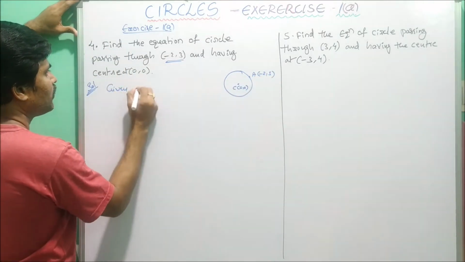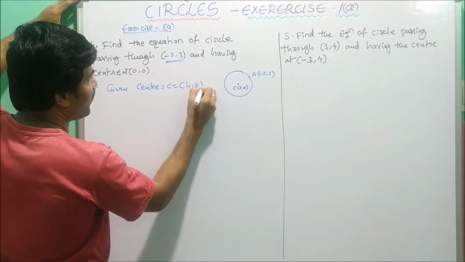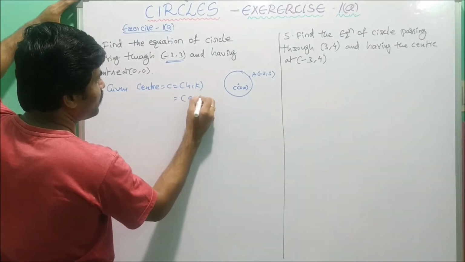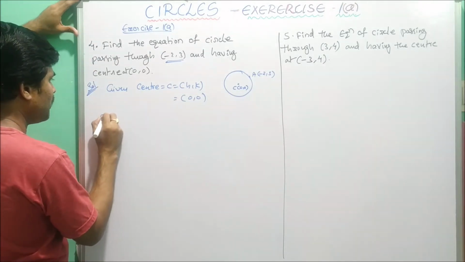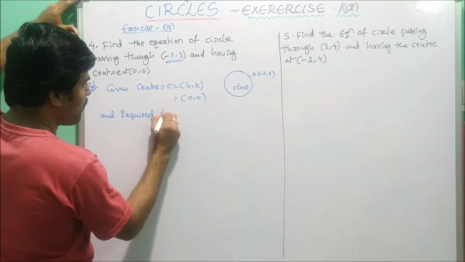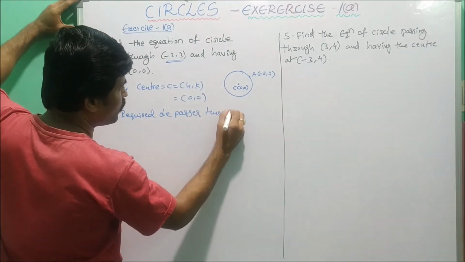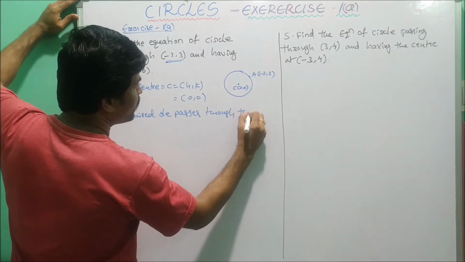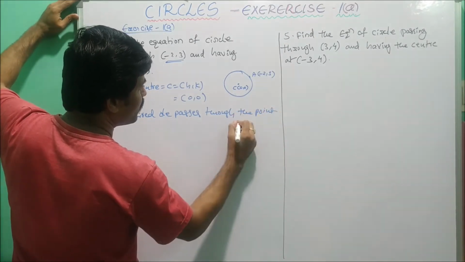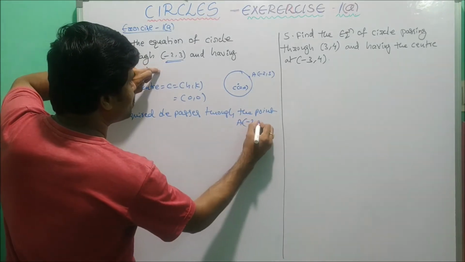Given center of the circle C = (h, k) = (0, 0), and the required circle passes through the point A = (-2, 3).